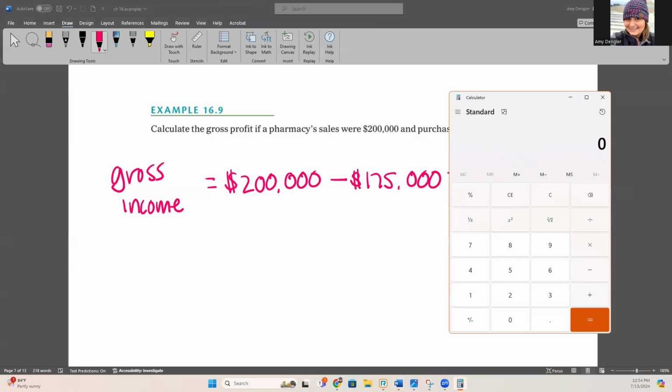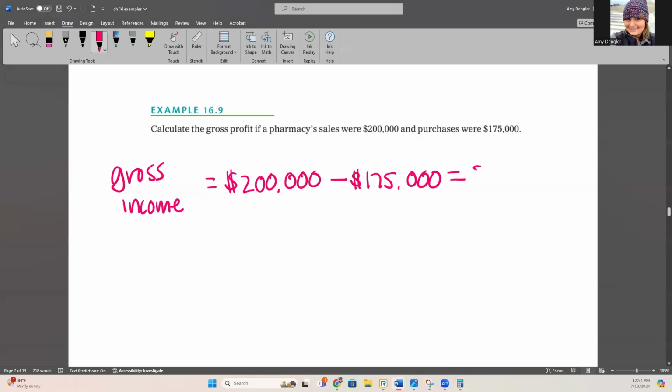And if we get out our calculator, we can just do a simple subtraction problem. Or if you can do it in your head, that's great. And that's $25,000. That is our gross profit.